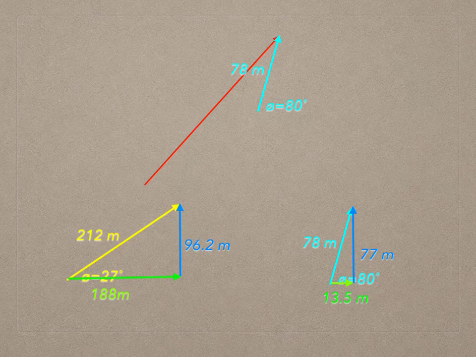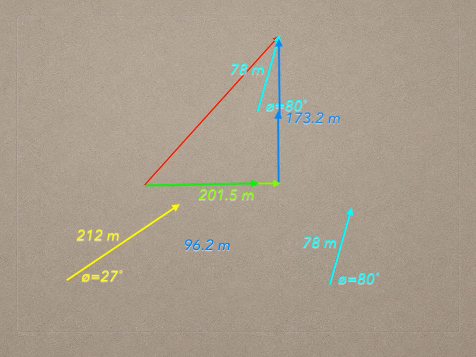Now, rather than adding the two original vectors, let's deal with their components. So we put the two horizontal components, the two x components in, and that's a total of 201.5 meters to the east. Then let's put the two y components in, the two northward ones, and that's a total of 173.2 meters to the north.